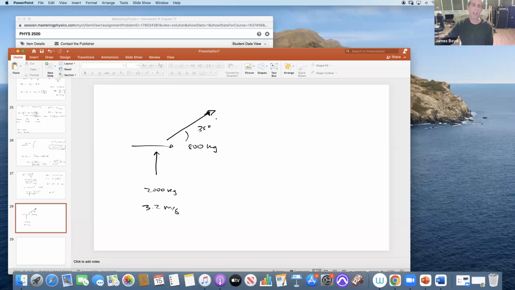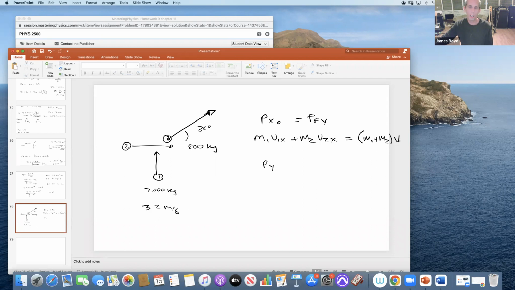Okay. So what we have to do here is P in the X and P in the Y. Initial is P final, and that is M of, let's call this 1, and we'll call this guy 2. We'll call this 3. So M1 V1 X plus M2 V2 X is equal to M1 plus M2 V X final.